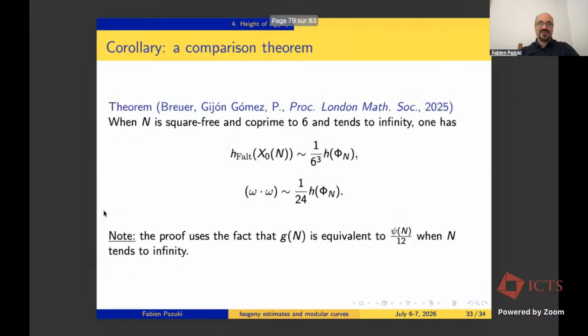Yeah. So how does it compare? Well, there's a comparison theorem we also have in the paper. If now n is square-free and coprime to 6, we add that because we want to use the asymptotics that we know on these two terms. Then what we have is that the Faltings height of X_0(n) is, up to this explicit absolute constant, the height of the modular polynomial, and the same for the omega square.